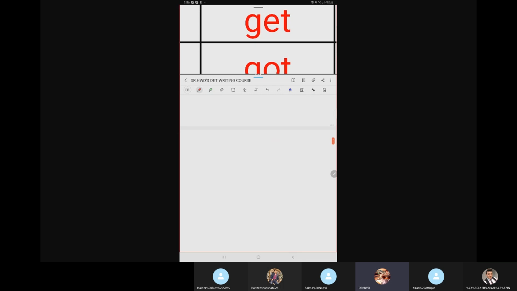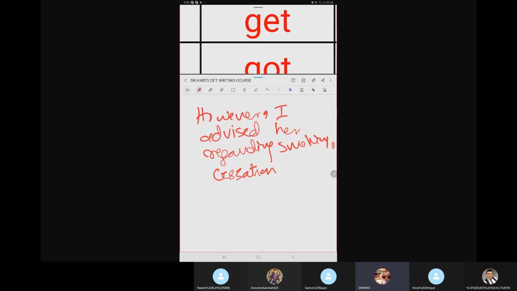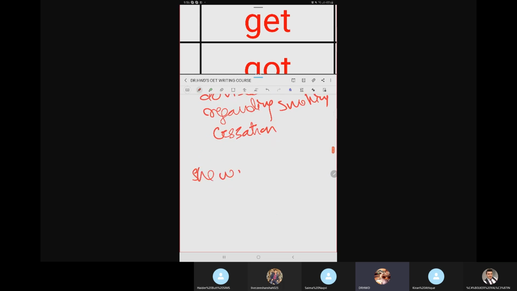The second one is, however, I advised her regarding the same sentence regarding smoking cessation. Okay, that's your second sentence. The third one is, she was reluctant but agreed to my suggestion. How do you write it?